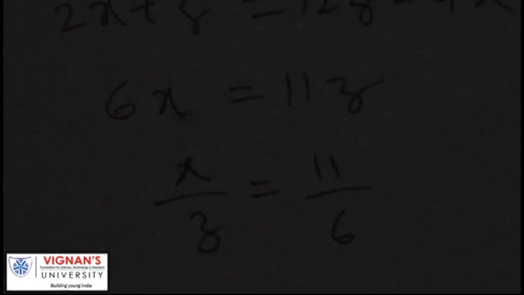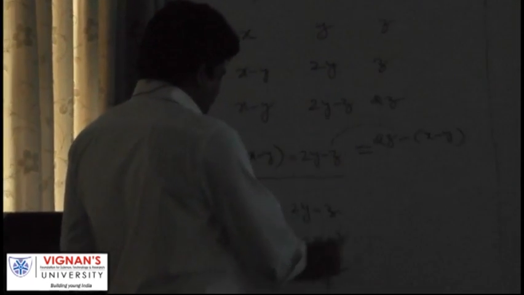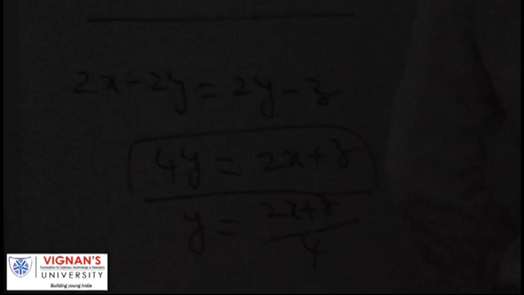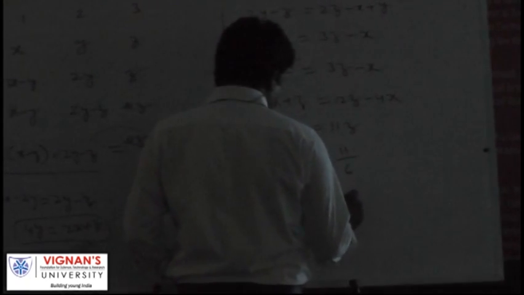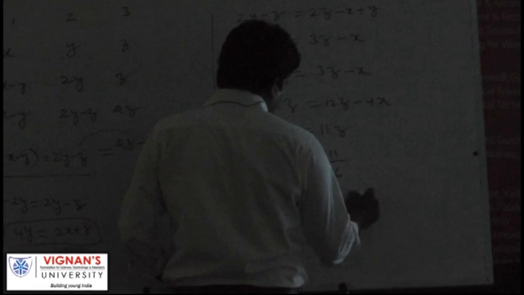Similarly, substituting this value, we can find the ratio between y and z also. And substituting the value of x here, we have this relation, right? What is the x value in terms of z? 11z by 6. So 4y equals 2 into, instead of x I am substituting, 11z by 6 plus z.